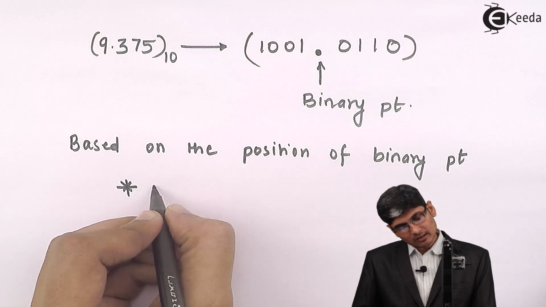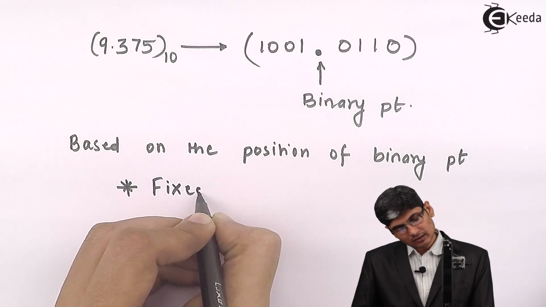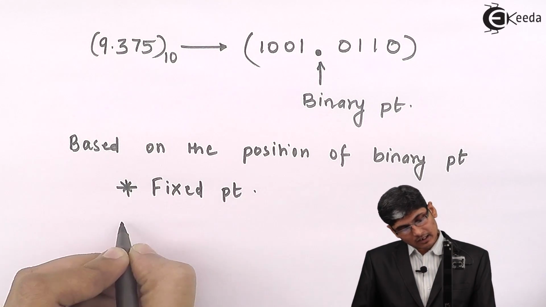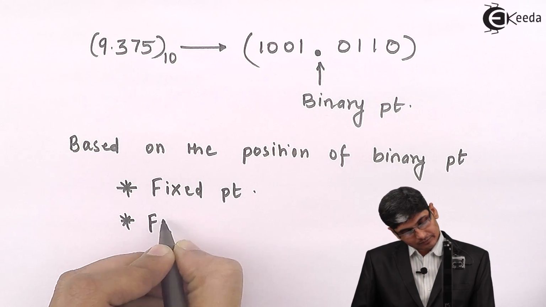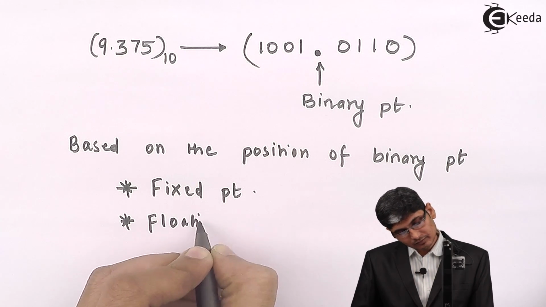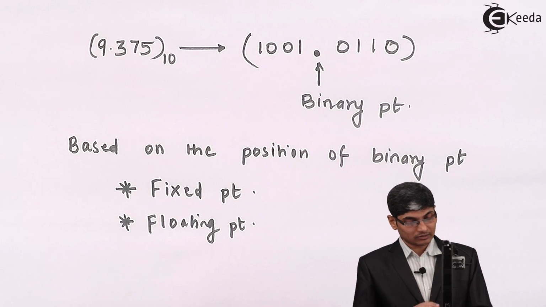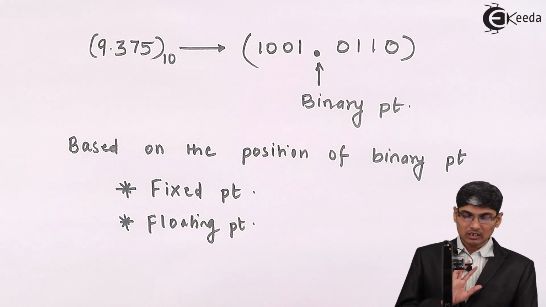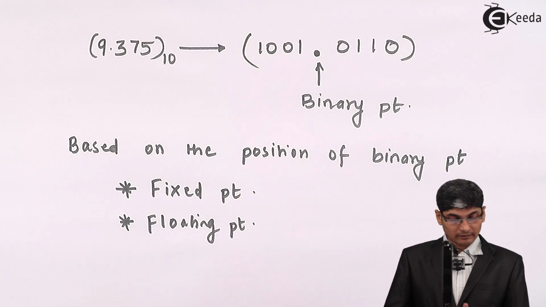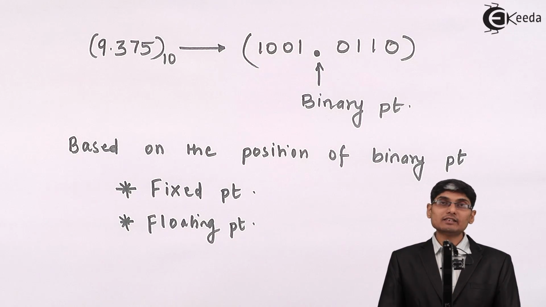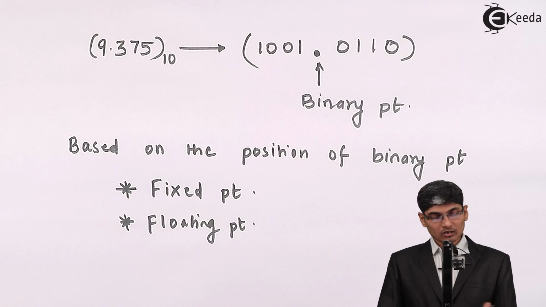One we call fixed point and the second we call floating point. You cannot float the point anywhere. There is still some restriction, but let us first not go into that detail. So this is fixed point and this is floating point. Now let us understand what a fixed point is.